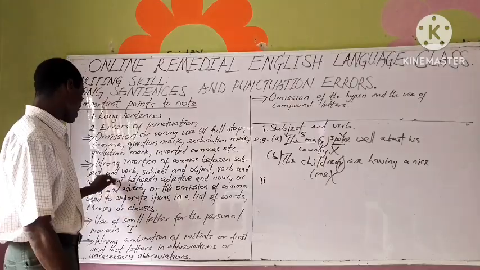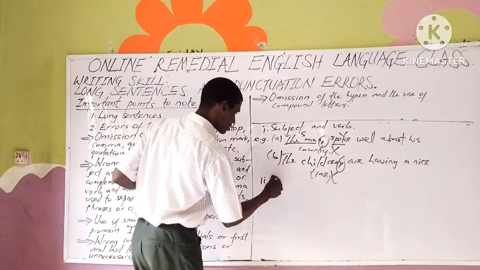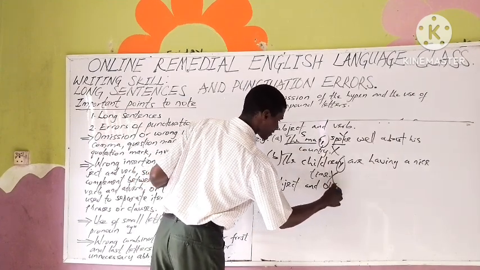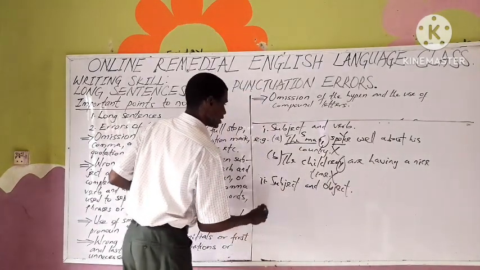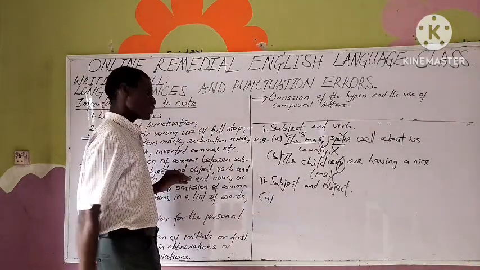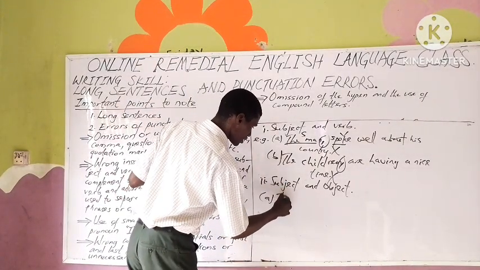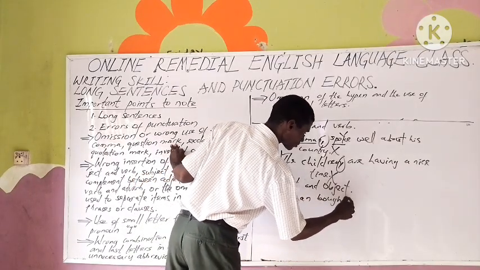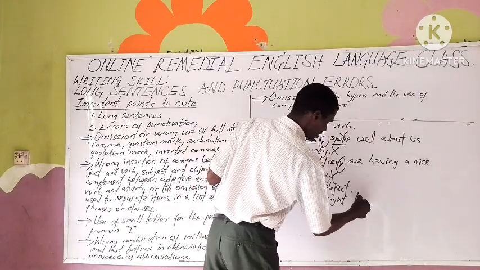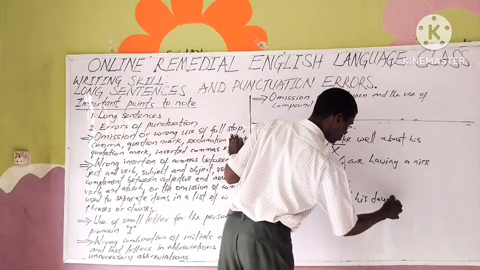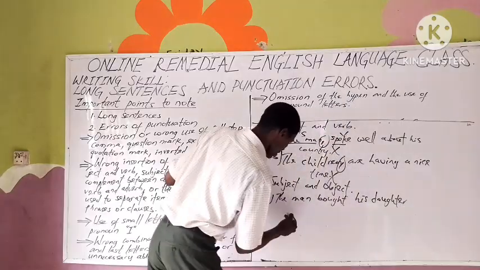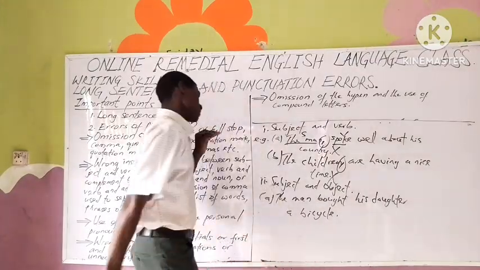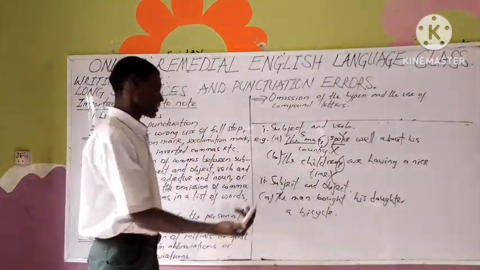Then number 2, quickly, the second one. Subject, verb, subject, object. Subjects and objects. Here you have this. Let's go on with the man bought his daughter a bicycle.